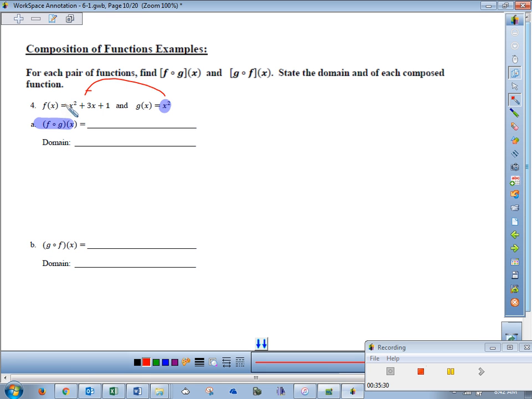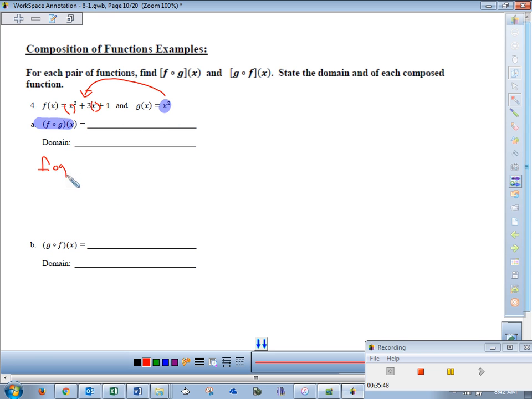And I literally put the parentheses around there and I draw myself a little arrow. It's like, okay, I'm going to take this and put it in wherever there's an x. There's a couple of x's. Here's some x's. Here's some x's. You're going to substitute him in, right? Just take this and put it in parentheses.